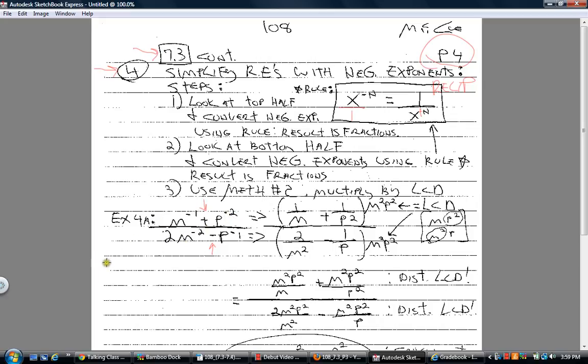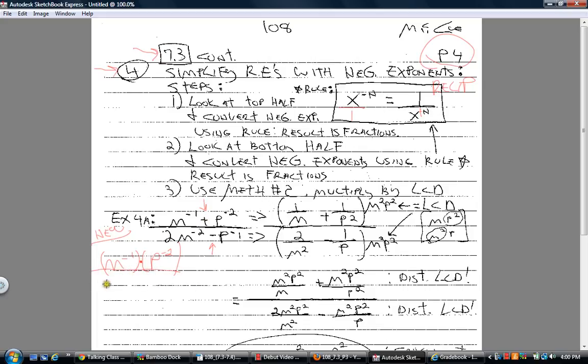That is not the same as if I wrote this problem. I'm going to go on a little side tangent here. I want to make sure you see this difference. Here's m to the negative 1, and I'm going to put parentheses to overkill this to help you follow it. Here's p to the negative 2. This is a new problem, but instead of addition, this is what you're used to seeing, assumed multiplication.